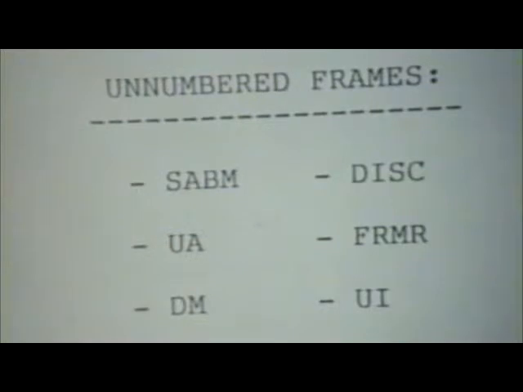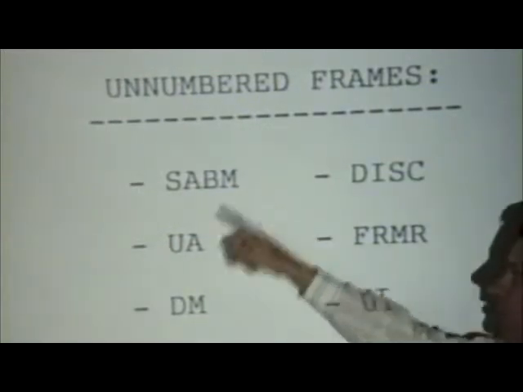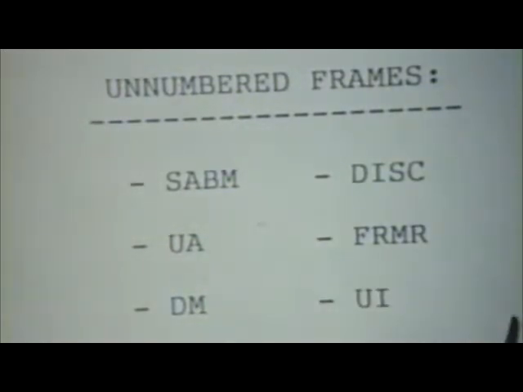My TNC will say, oh, I cannot accept his SABM and send a UA, because he's only got that first channel available and he's on it. I will send a DM back, disconnected mode. That tells W6ABC I'm busy, I don't want to talk to you, and it will say W6OAV busy. The DM back to him tells him that I am busy.